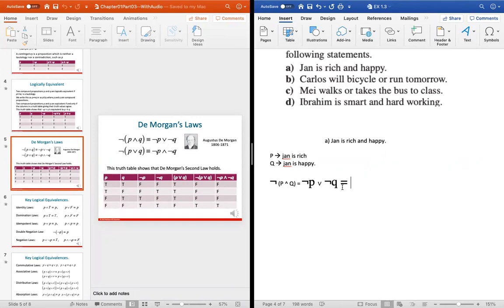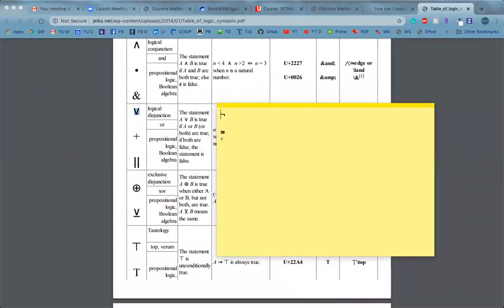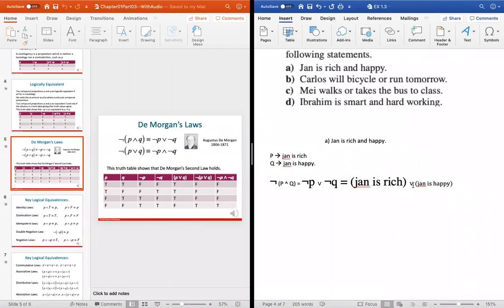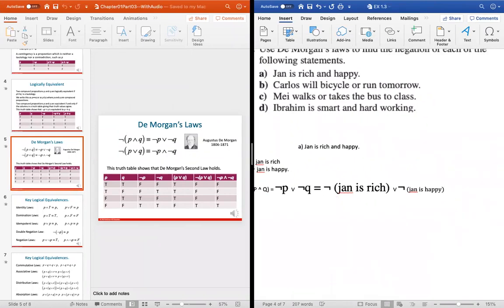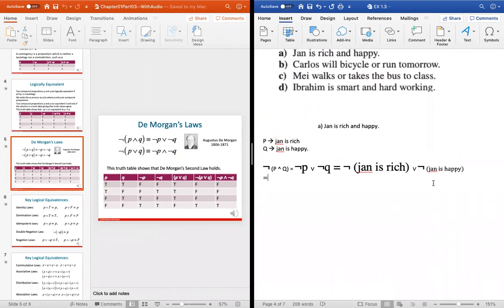So we have the negation on Jan is rich, then we have or Jan is happy, and then we put the negation over here. So this statement becomes equivalent to Jan is not rich or Jan is not happy.